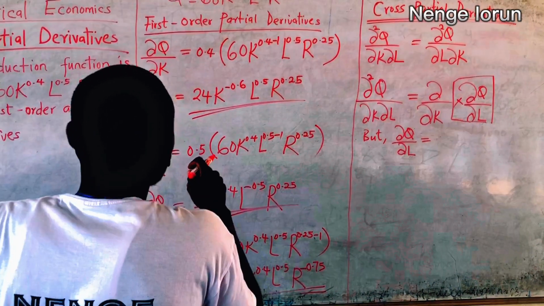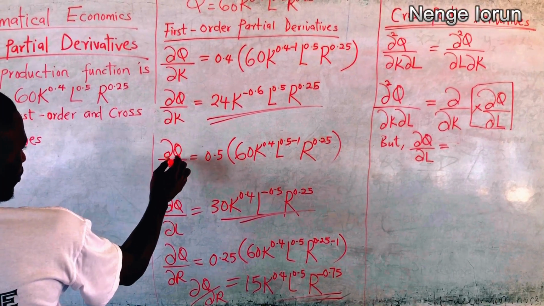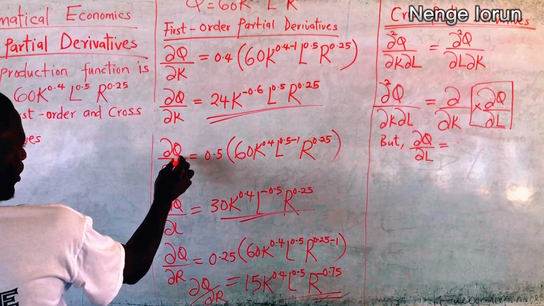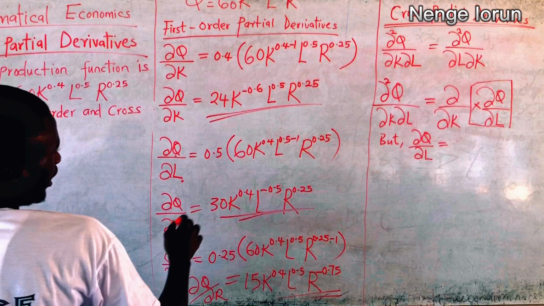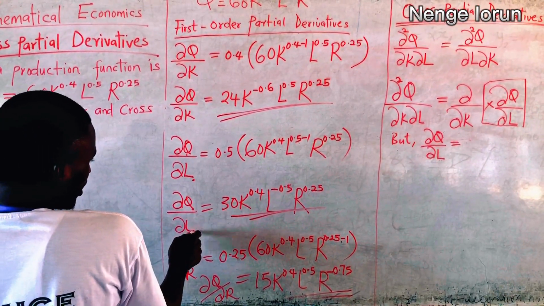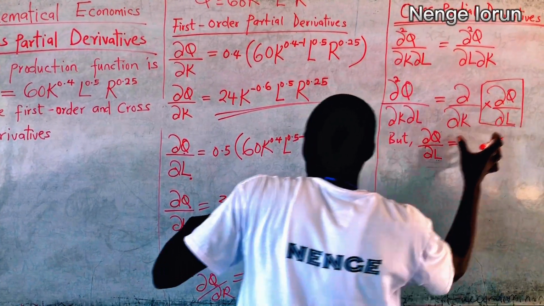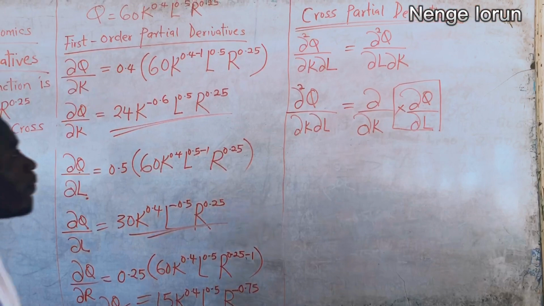And look at the value here. The partial derivative of Q with respect to L, look at it here. So now, in place of this, we put this value.